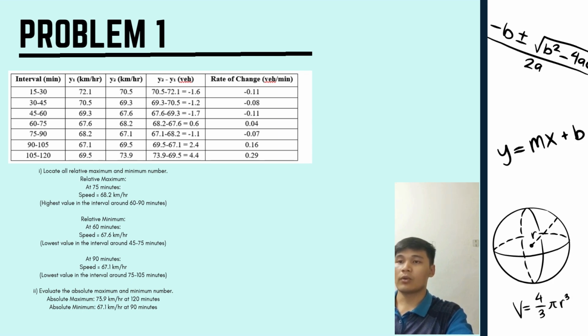And for 90 to 105, we got 0.16, while from 105 to 120, we got 0.29. The highest value in the interval is at 60 to 90 minutes, and the lowest value in the interval is around 45 to 75 minutes.